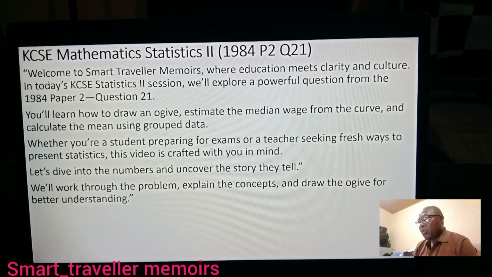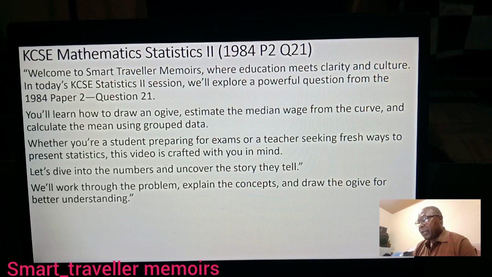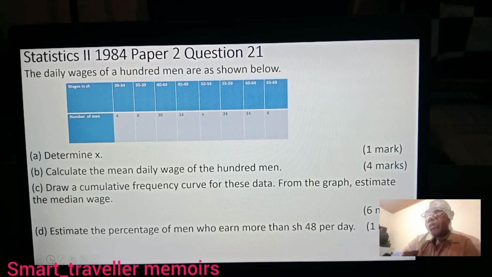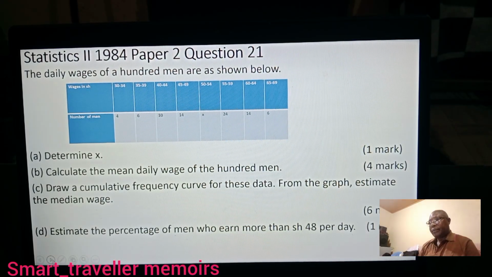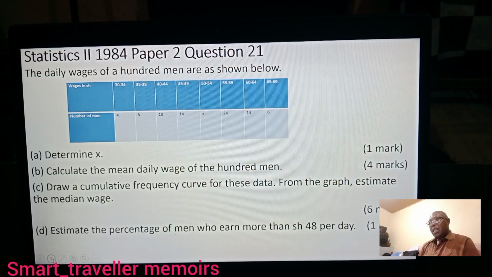We will work through a problem, explain the concepts, and draw the ogive for better understanding. And here is the question. The daily wages of 100 men are shown below.